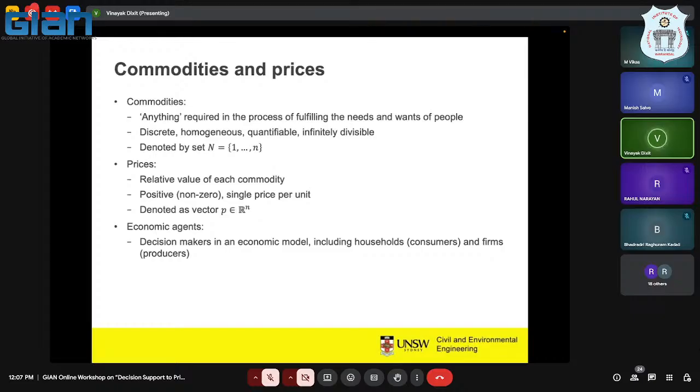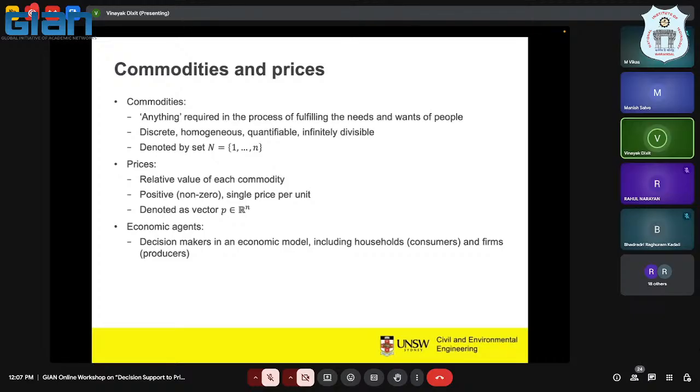Any questions so far? I did not get that point. Economic agent, which parts are included in these agents?